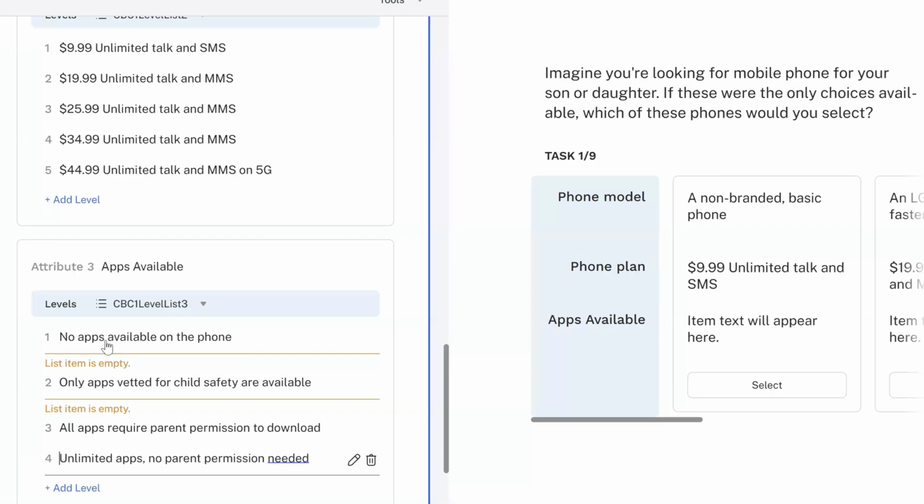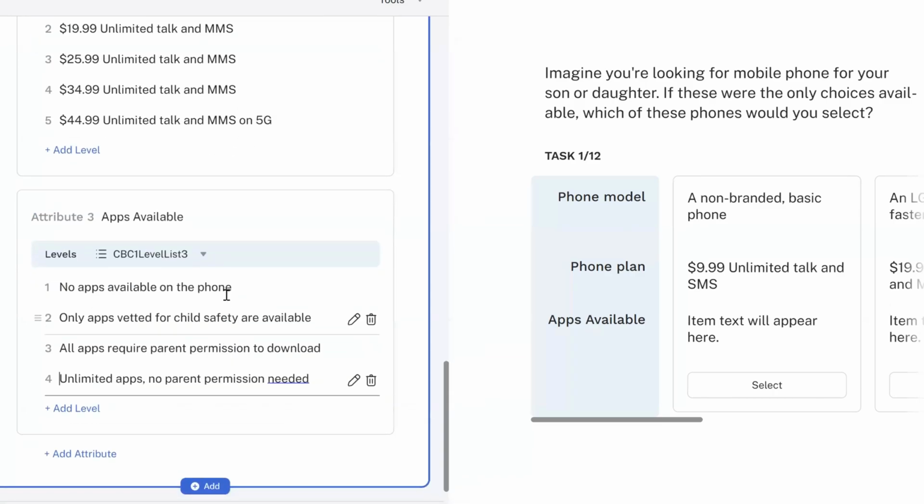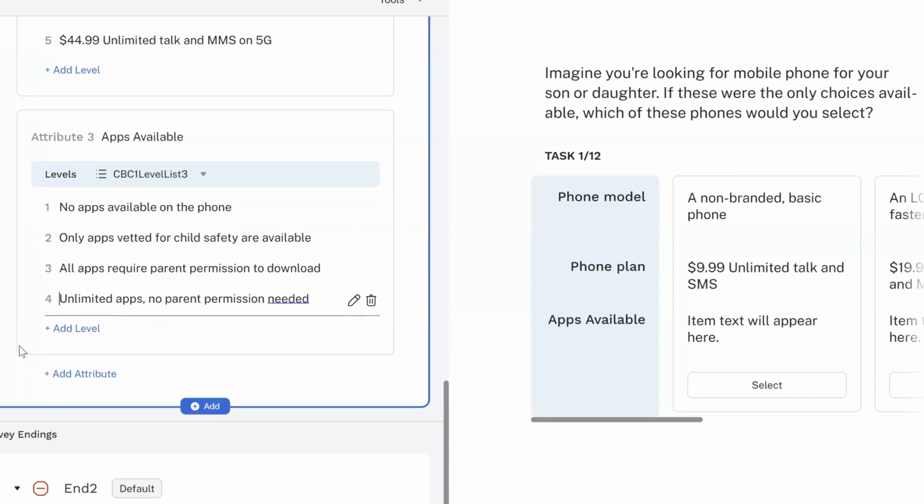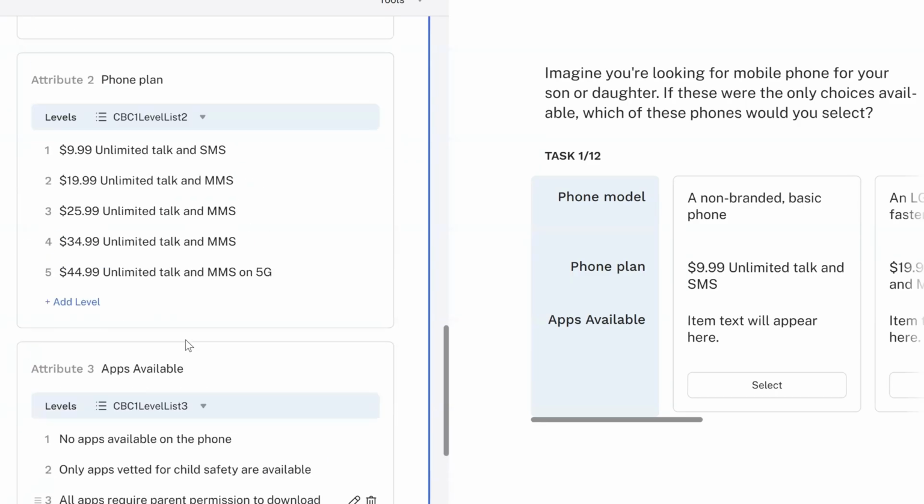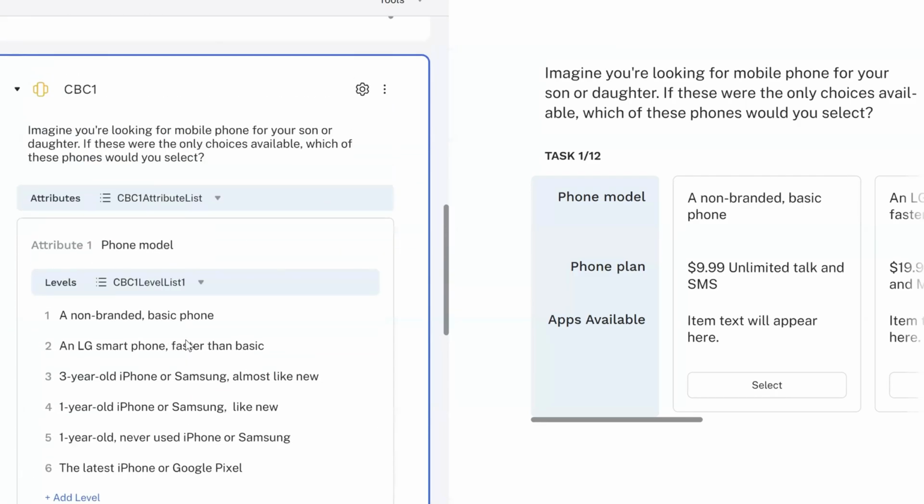No apps available on the phone. This is the most boring phone possible. Only apps vetted for child safety are available. All apps require parent permission to download, and unlimited apps, no parent permission needed. Okay. And guess what? We are basically done setting up our conjoint analysis.